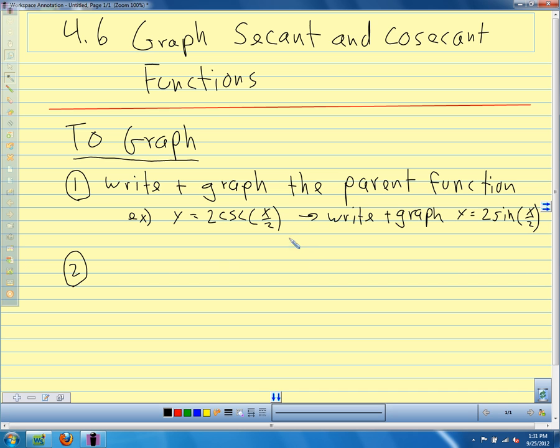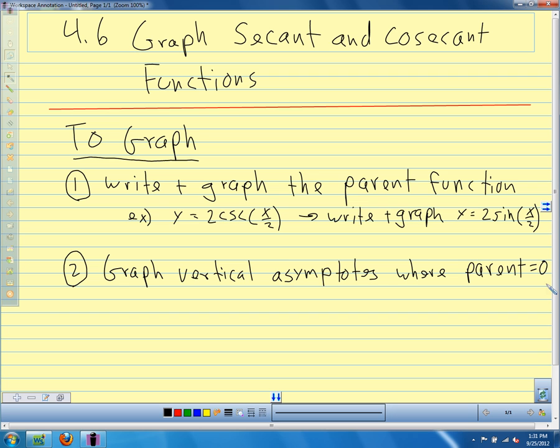So we're going to graph vertical asymptotes where the parent function equals 0. And the reason we're doing that again is because the cofunctions are reciprocal functions. So if the parent function equals 0, we're dividing by 0. So we get a vertical asymptote.